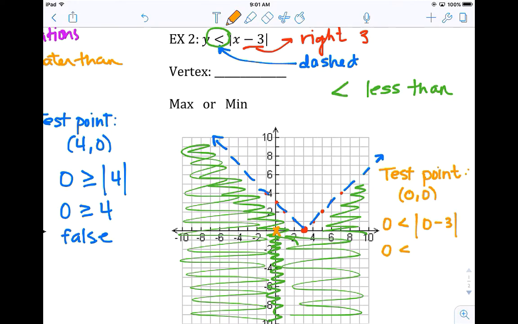So 0 minus 3 is negative 3. The absolute value of negative 3 is just 3. And 0 is less than 3. So that is a true statement this time. So that tells us we shaded the correct direction, that the point 0, 0 should be in our shaded region, which it is right here, surrounded by that green shading.